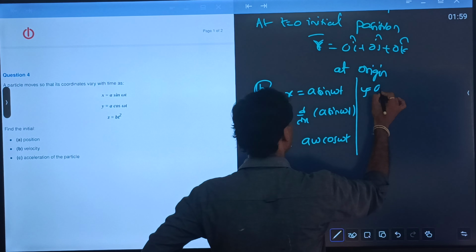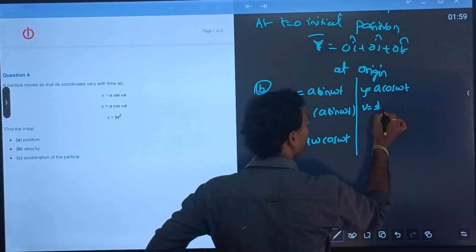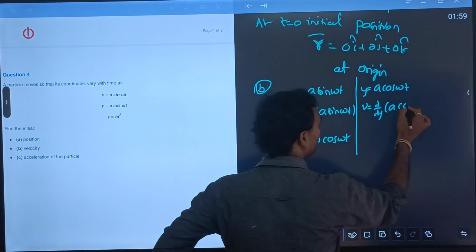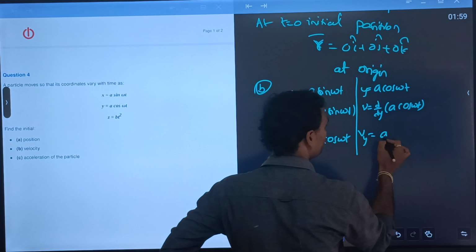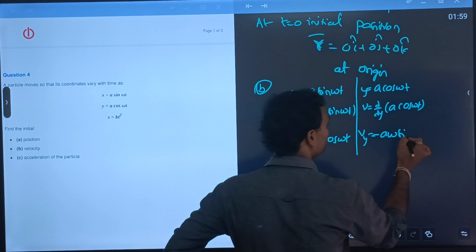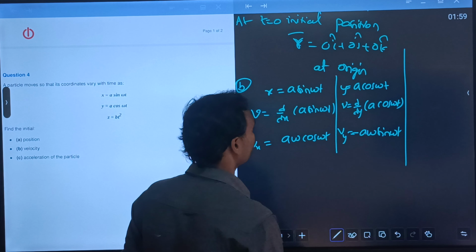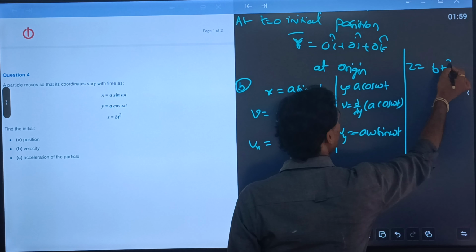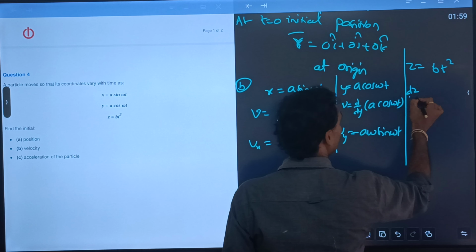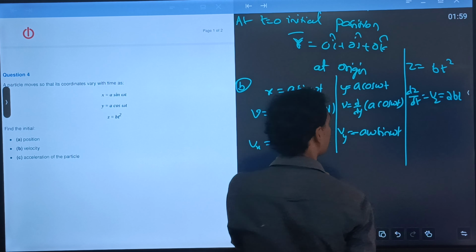Similarly, y equals a cos omega t, then vy is d by dt of a cos omega t, which equals minus a omega sin omega t, right? Now z equals b t square, then dz by dt, which is vz, equals 2bt, right?